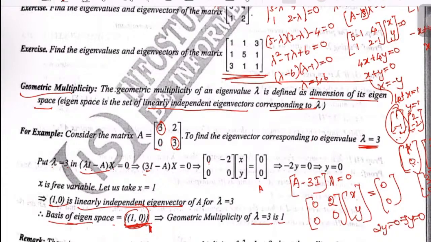There is only one element, so the geometric multiplicity corresponding to this eigenvalue is 1. As for the algebraic multiplicity, if we find the characteristic equation, we get (lambda minus 3) the whole square equal to 0. So the algebraic multiplicity of 3 is 2, and the geometric multiplicity is 1.